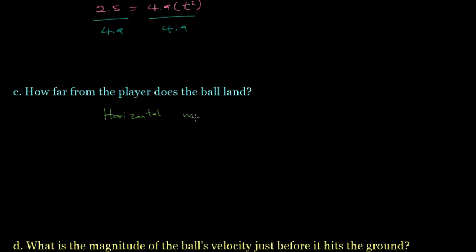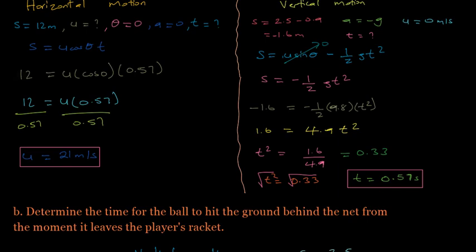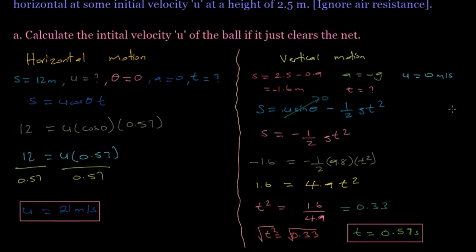motion. So in this case now, we will have s is equal to u cosine theta multiplied by t. And again, in this case, acceleration does not affect horizontal motion. So we will end up with this expression. So now, s is what we're trying to find. u now is our initial velocity, and the initial velocity was 21 meters per second.